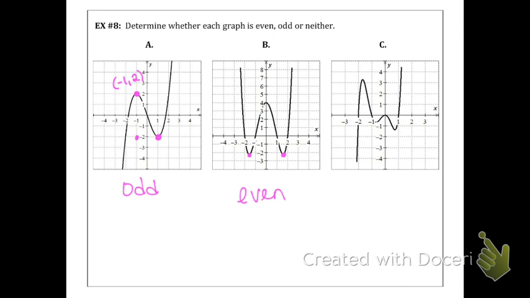If you look at C, C is obviously not even. If I take a point here, let's say this is negative 1.7 and 3.25. If I go find positive 1.7 and negative 3.25, that would be down here.